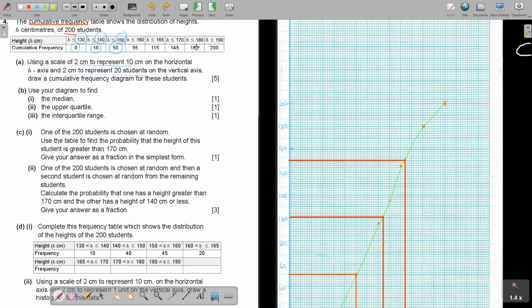That is up to 170. So it will represent this last part. You see, it's actually, I would say it represents from there. So it's the 200 minus the 145. Are you with me? Because there was 170 and there is the total. So it's 200 minus 145.